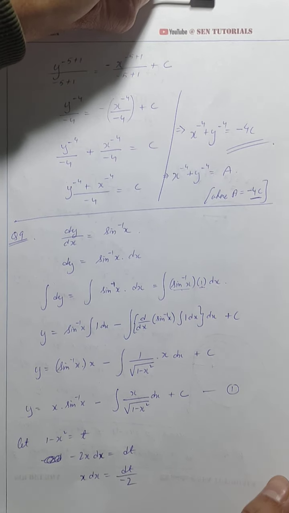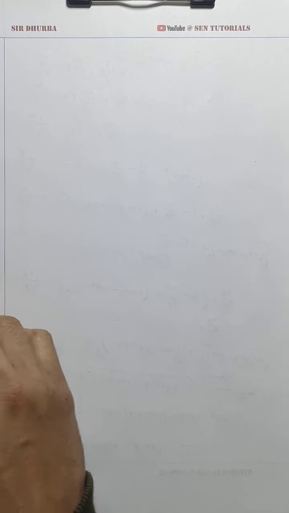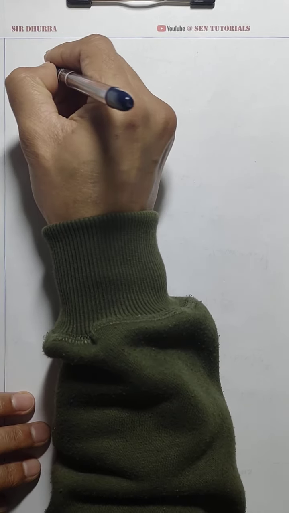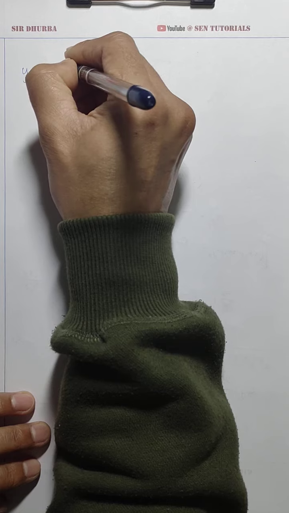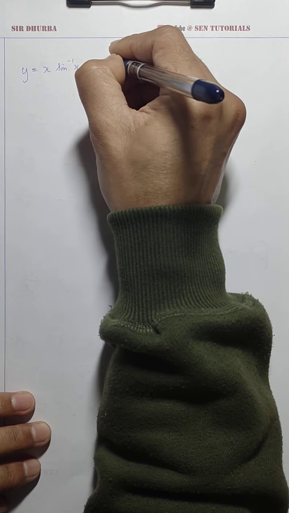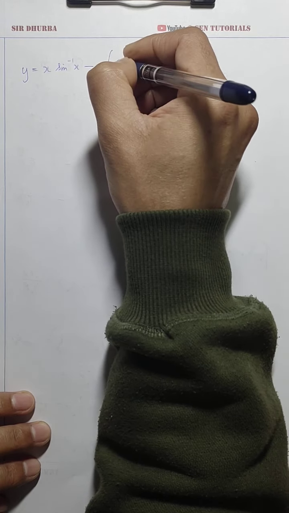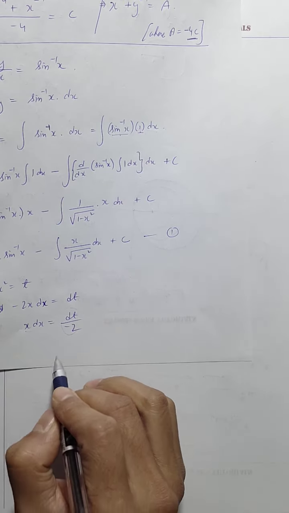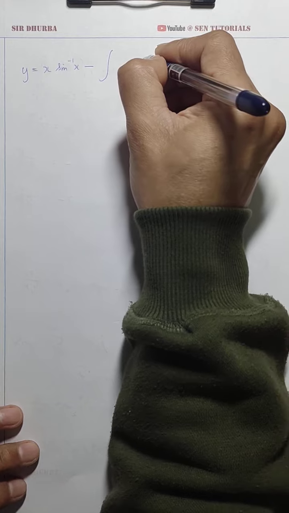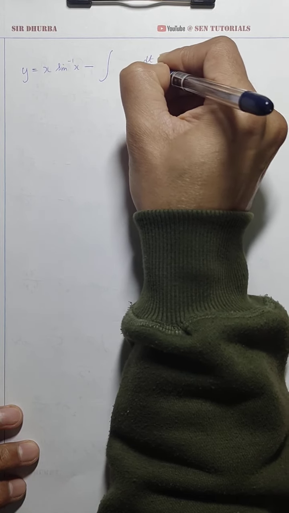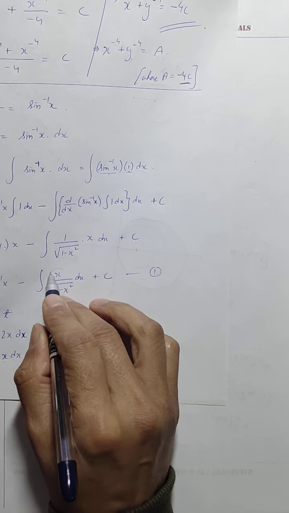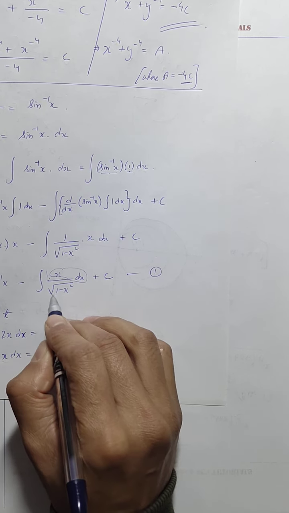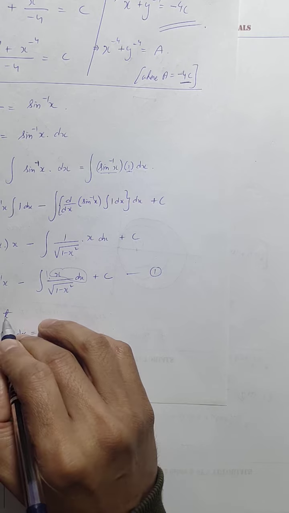Okay, chalo. So then y will be x sine inverse x minus the integral of x dx. What is x dx? dt by minus 2. So that's 1 by root of 1 minus x square, and 1 minus x square is t.